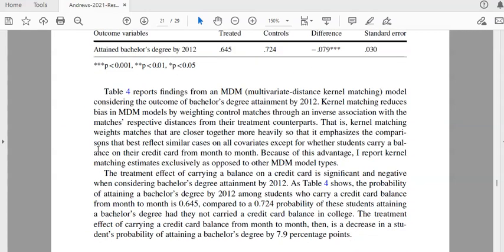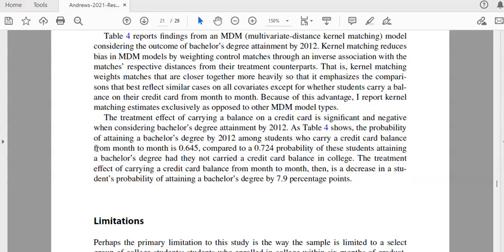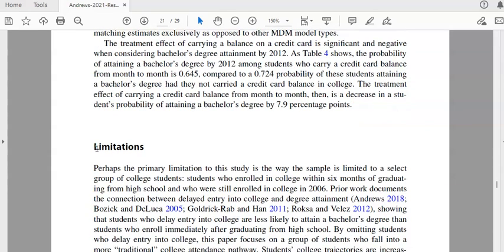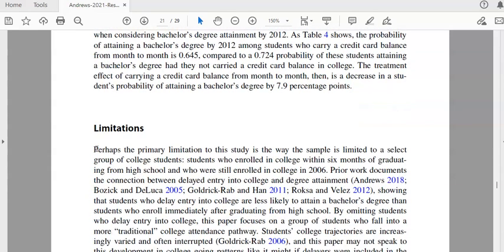So again, some of this is beyond the scope of this class, so I'm not going to go too much into it. The results really report the results specific to what you see in the tables and the statistical analyses. They do not interpret the results yet.